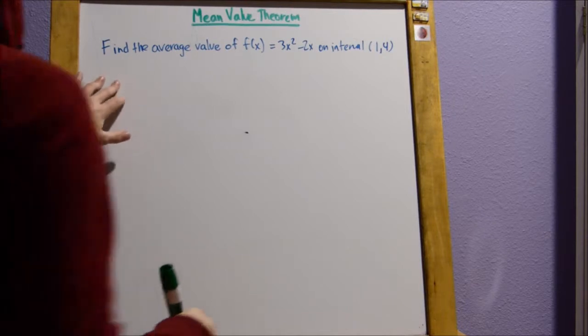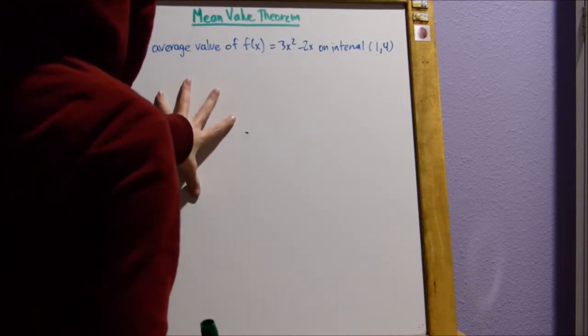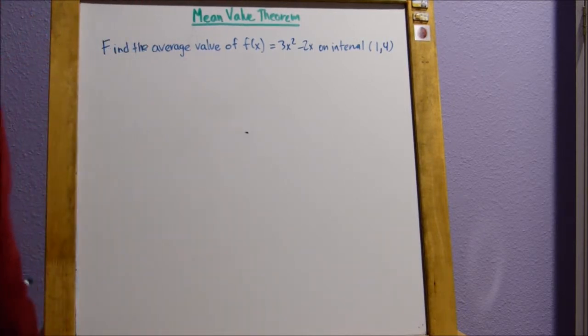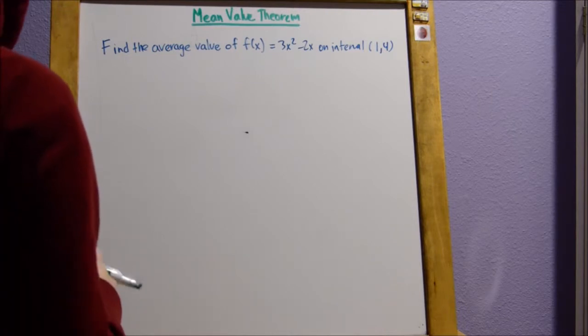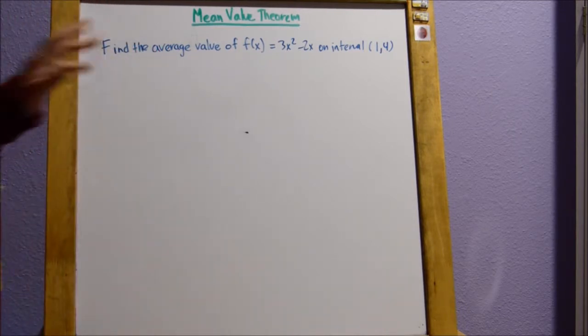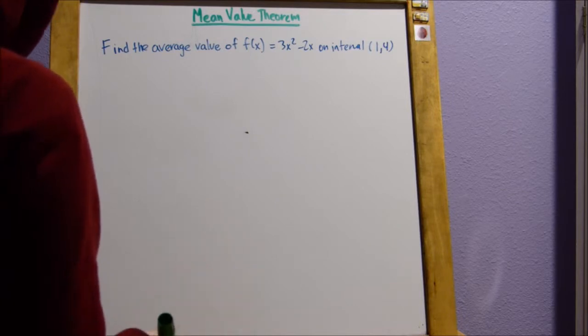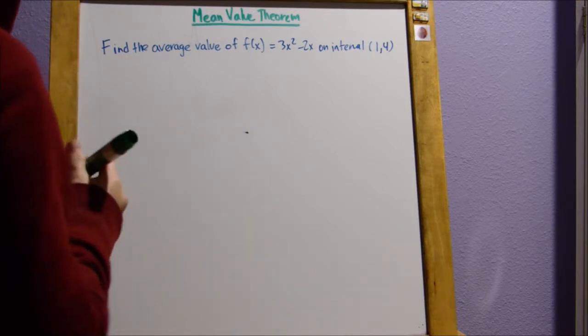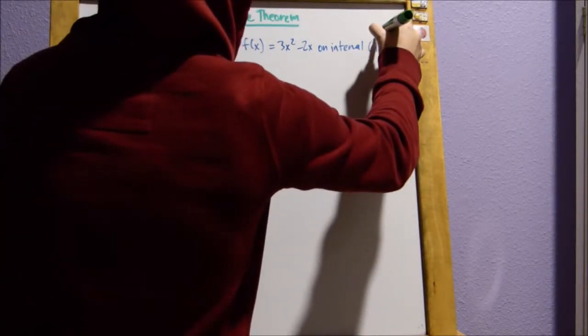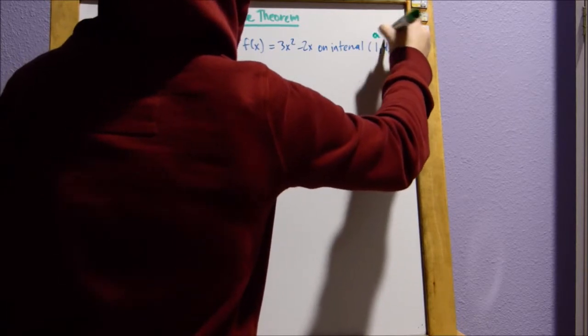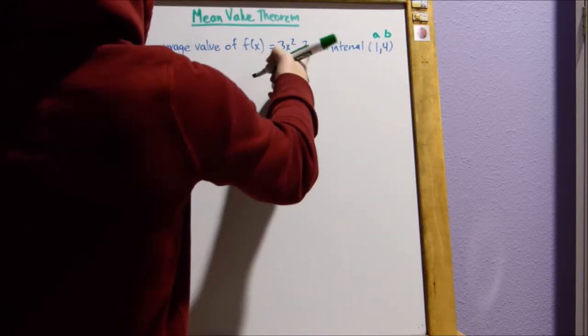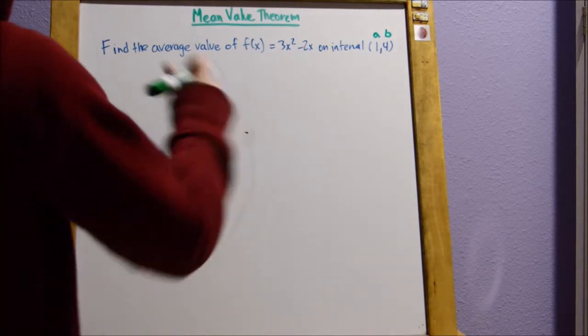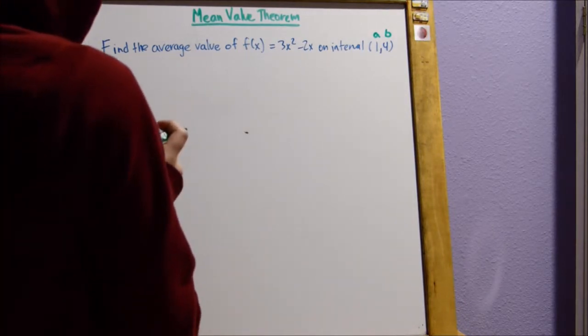Here it's asking us for the average value of f of x when it equals 3x squared minus 2x on the interval [1, 4]. When I have a problem like this, I normally just take the formula and start plugging in what I know. So we know that this 1 is a and this 4 is b. And we know that this function is the function that's going to be inside of the antiderivative.